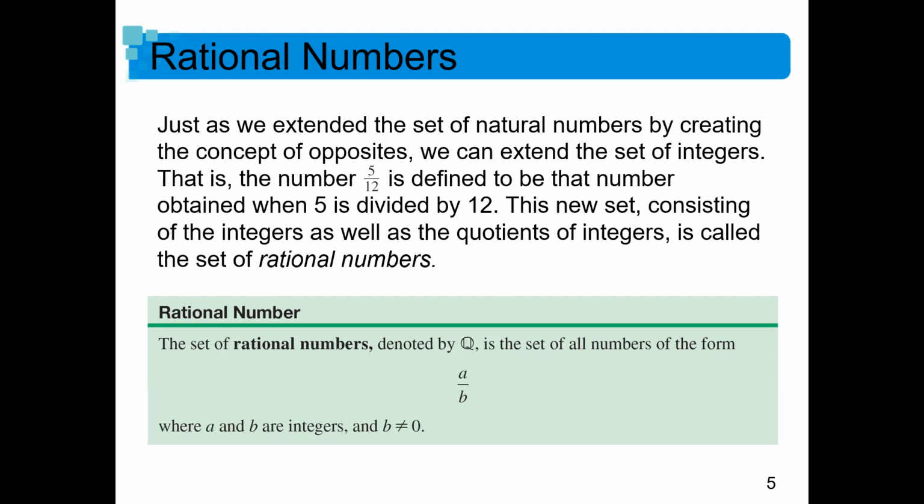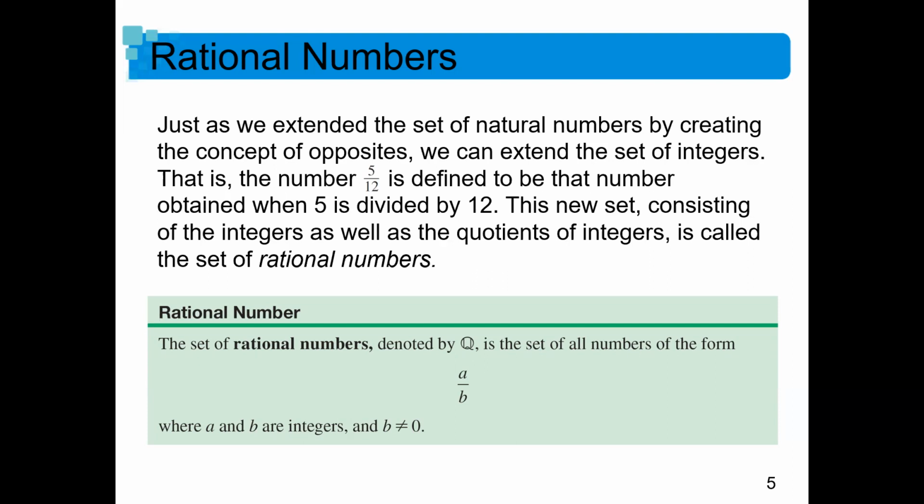So just as we extended the set of natural numbers by creating the concept of opposites, the positives and the negatives, we can extend the set of integers. That is, the number 5/12 is defined to be that number obtained when 5 is divided by 12.